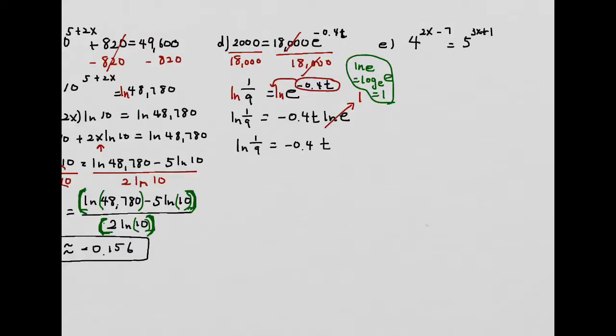Now I should be able to isolate t by dividing both sides by negative 0.4. So let's divide both sides by negative 0.4, and your t is equal to natural logarithm of 1 over 9 over negative 0.4.